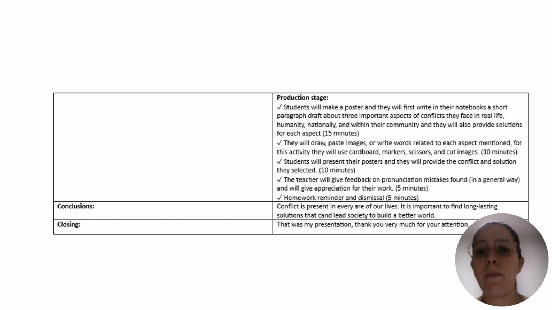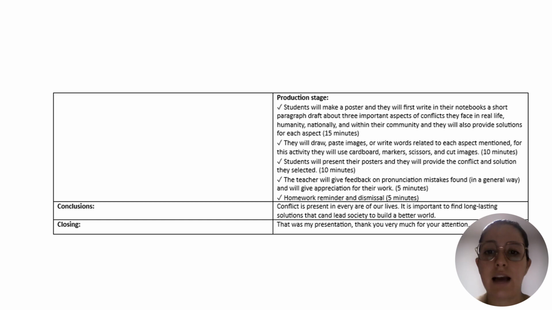They will draw, paste images, or write words related to each aspect mentioned. In this part also, the idea is that they use what they learn in a real context. So this is about English in context as well.